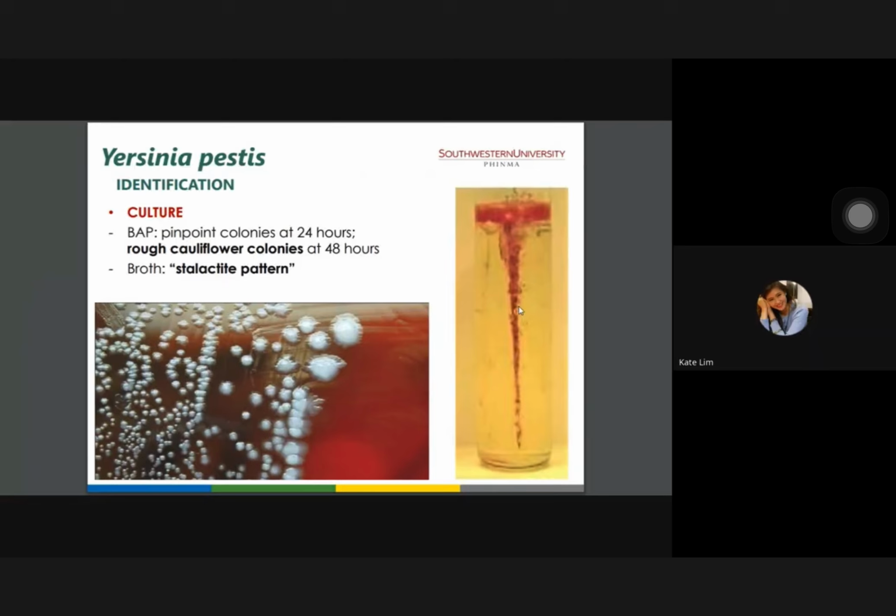That is why Yersinia pestis is known to produce a stalactite pattern. This unique growth pattern helps us in identifying the bacterium.